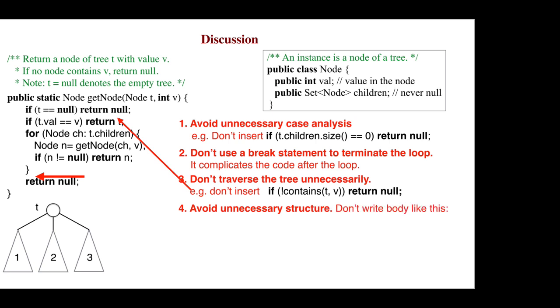We did not write the method body to test whether t is not null, processing the non-empty tree in the then part. This introduces more complexity, an extra unnecessary level of nesting. Further, if the code to process a non-empty tree is long, it will become difficult to remember why the final statement returns null. Handle the cases as we did, one at a time, with each case doing what is necessary.